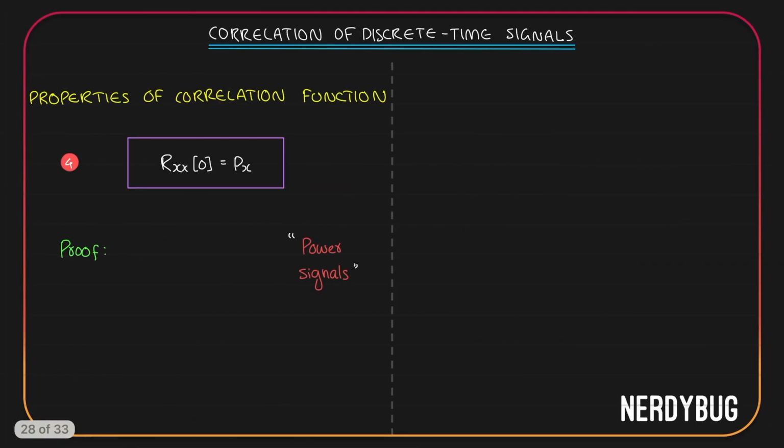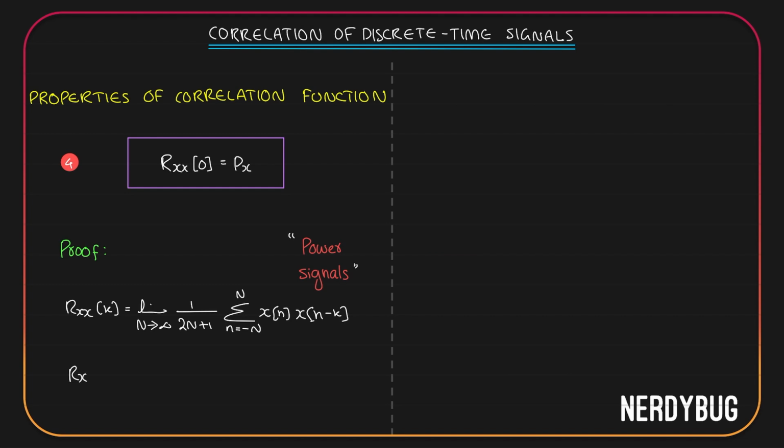Now let us prove that Rxx of 0 will be the power of the signal in case of power signals. Autocorrelation of a power signal x of n can be written like this. Rxx of k is equal to limit N tends to infinity 1 by 2N plus 1 summation from n equals minus N to plus N x of n x of n minus k.